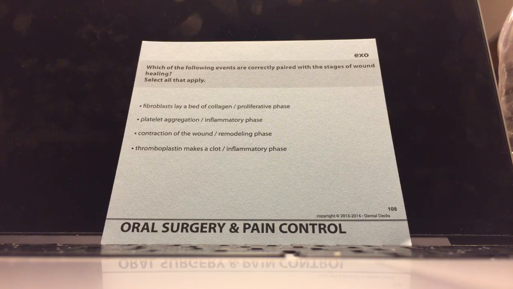Platelet aggregation, inflammatory phase? No. Contraction of the wound, remodeling phase? Thromboplastin makes a clot, inflammatory phase? No. I think either the third or the first. Fibroblasts lay a bed of collagen, which is the proliferative phase, or the contraction of the wound, which is the remodeling phase.